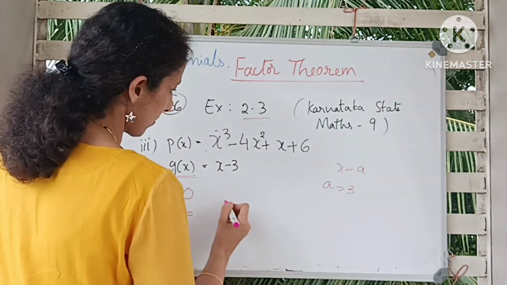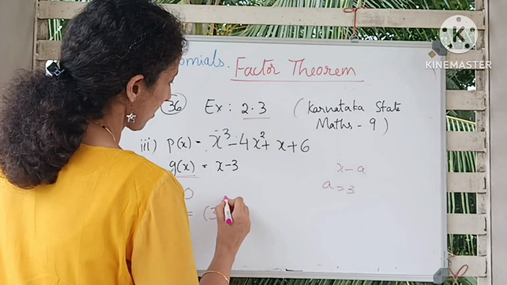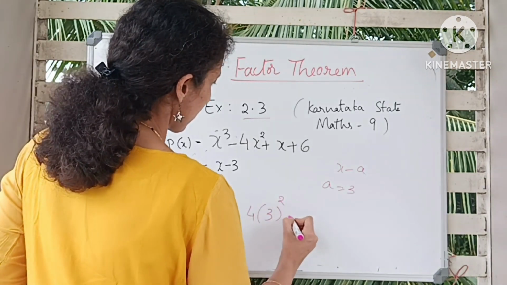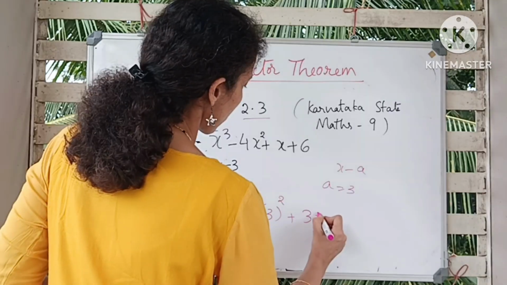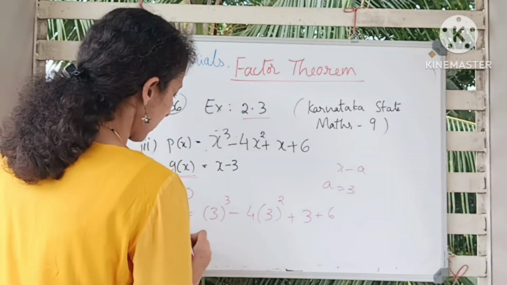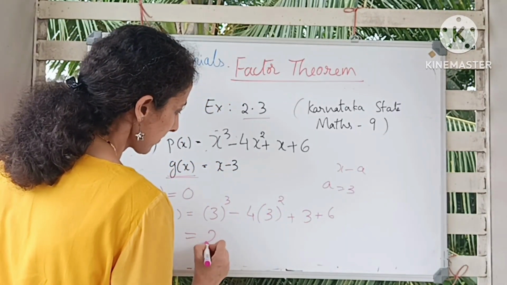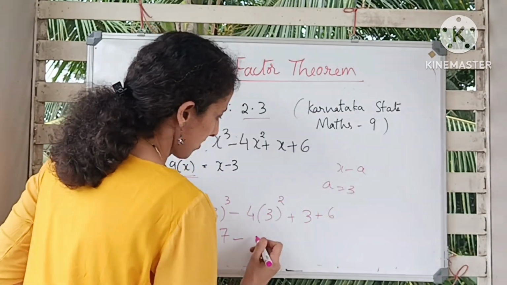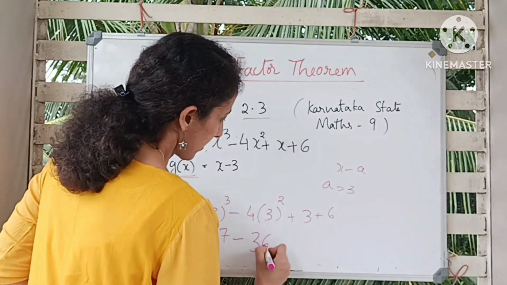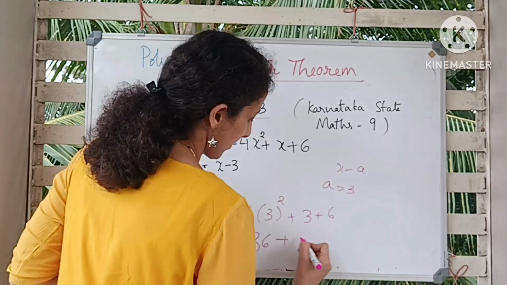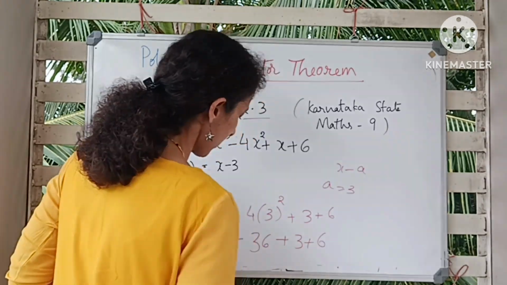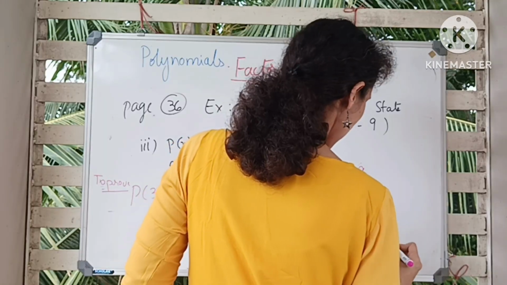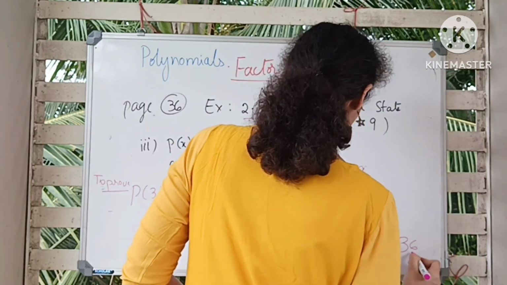So p of 3 is equal to 3 cube minus 4 into 3 square plus 3 plus 6. This is equal to 27 minus 36 plus 3 plus 6, which is equal to 36 minus 36.